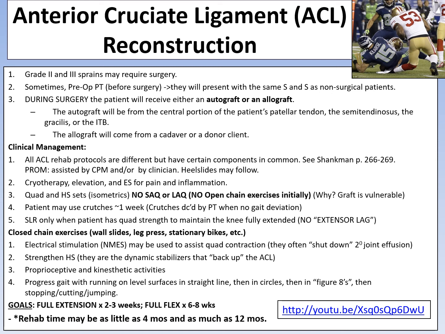Again, the anterior translation of the tibia is what the anterior cruciate ligament prevents. So we don't want to do that motion, which will put stress on a healing ligament. So no full terminal extension.